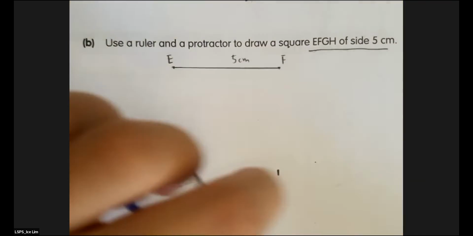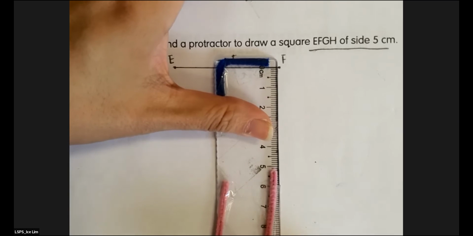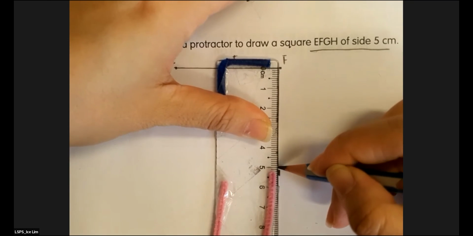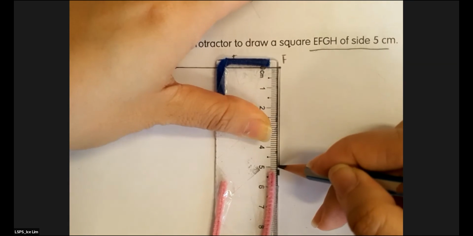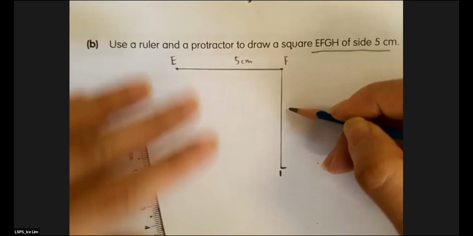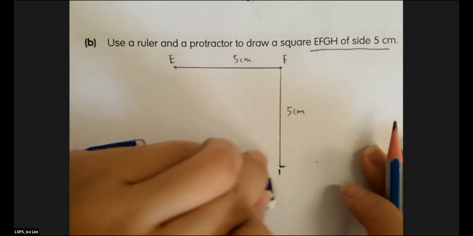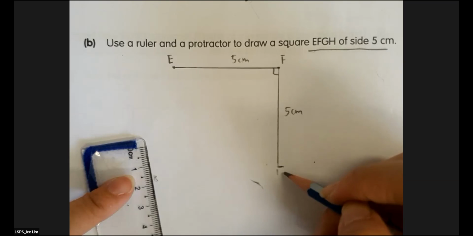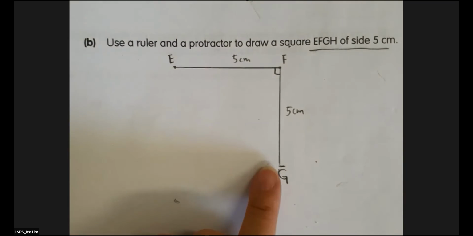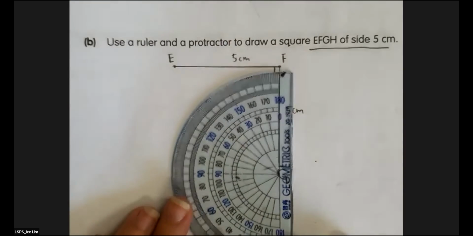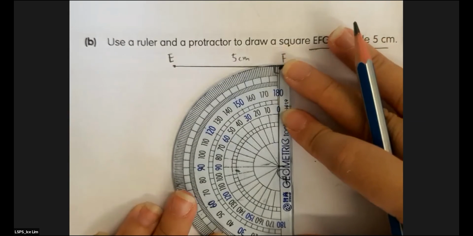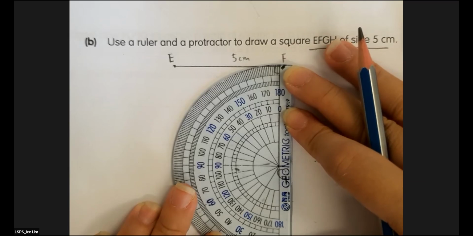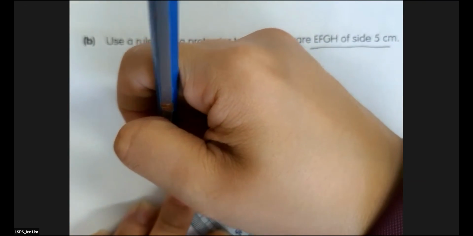Set my ruler 5 centimeter to the point. Set my protractor to point G. The side FG, marked out right angle.